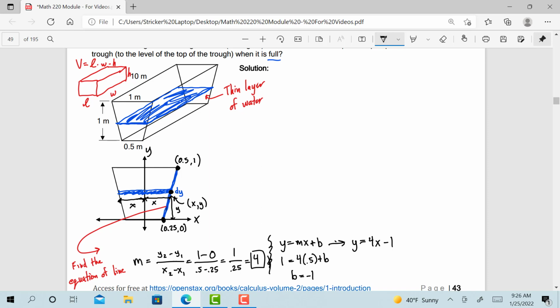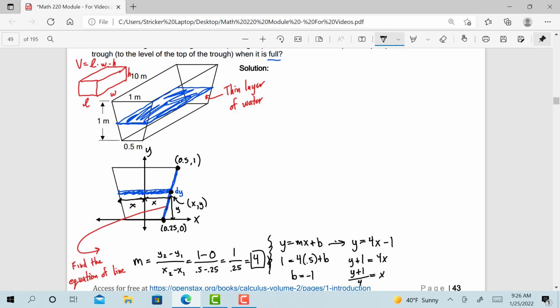So we need an expression, really, to figure out what 2x is equal to. And we get that from the line. We know that y is equal to 4x minus 1, which means y plus 1 is equal to 4x, and it means that x is equal to y plus 1 over 4.